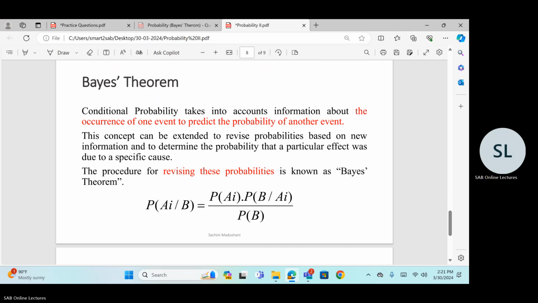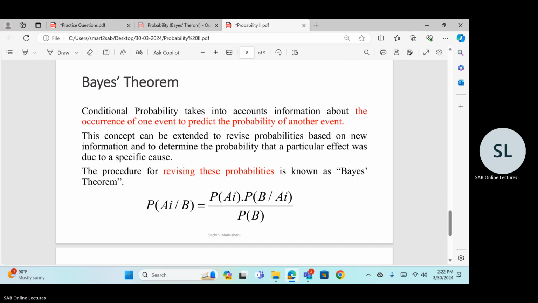Conditional probability takes into account information about the occurrence of one event to predict the probability of another event. We need to take the probability of the particular event based on the prior knowledge of the given condition. That we call the Bayes theorem. It's clear? That's the same as the conditional probability concept. And therefore, we use the same formula in here.